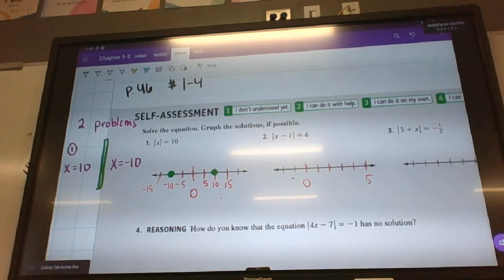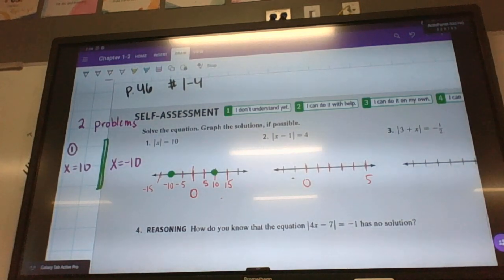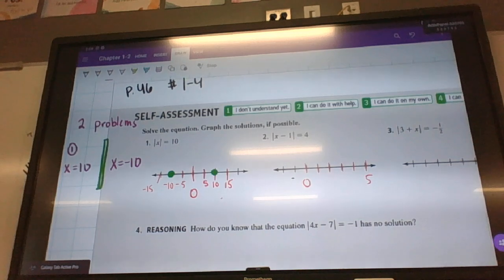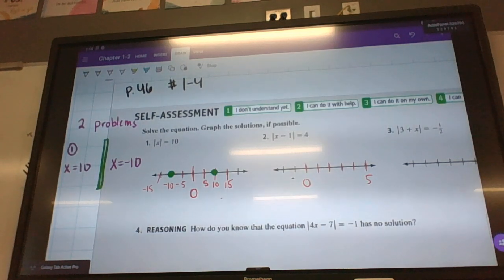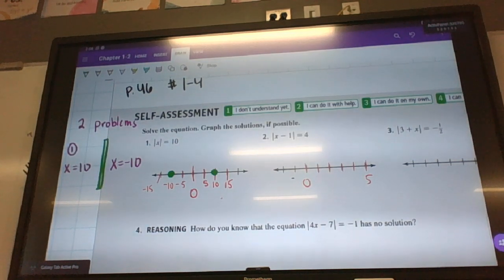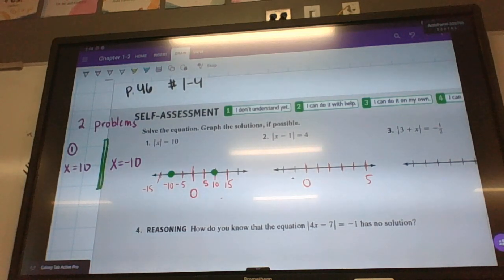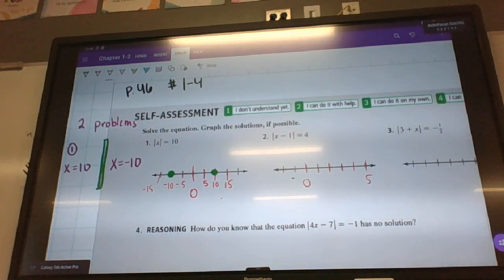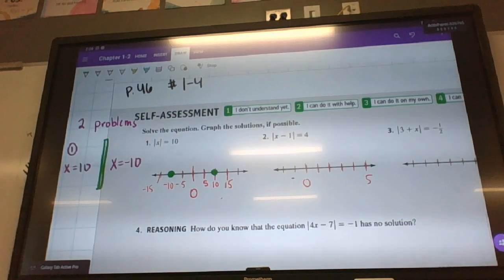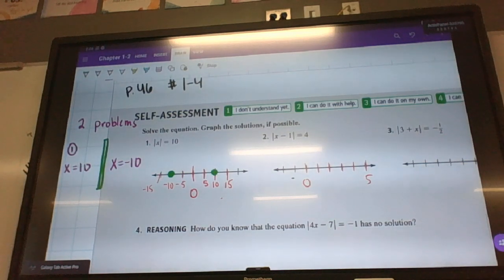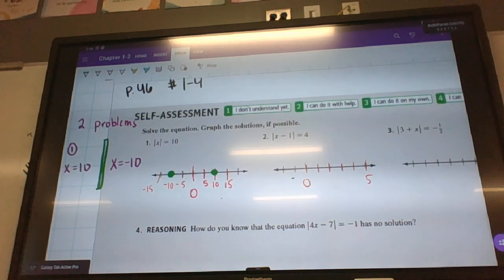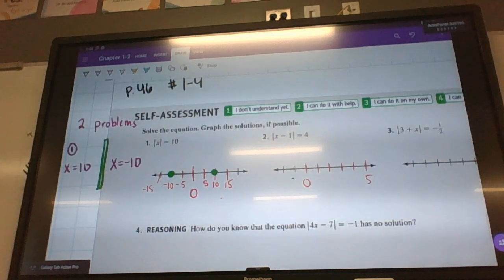The second one, you drop the bars and you make the answer negative. So it will be x minus 1 equals negative 4, and you solve that.